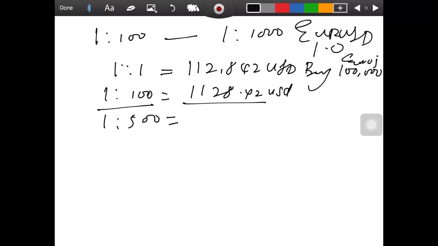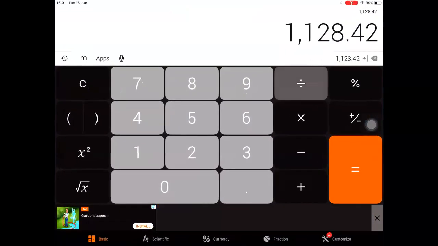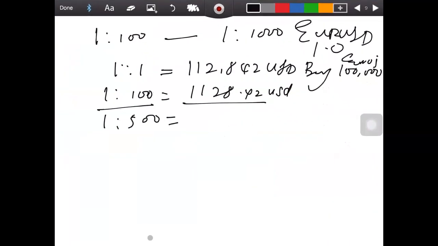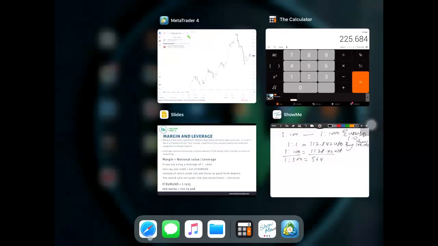Your margin required will now be, let's see, 1128.42 divided by 2 will now be 564.21. No, sorry, divided by 5 times 2... divided by 5 will now be 225.684.